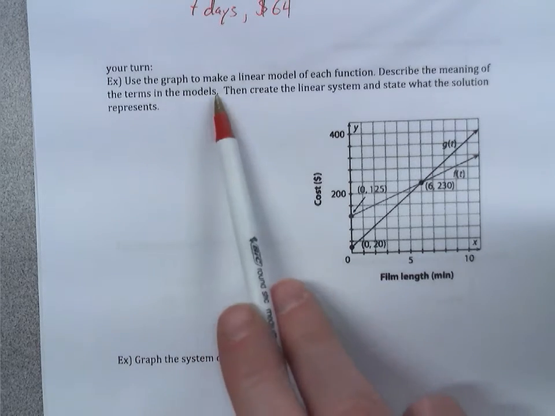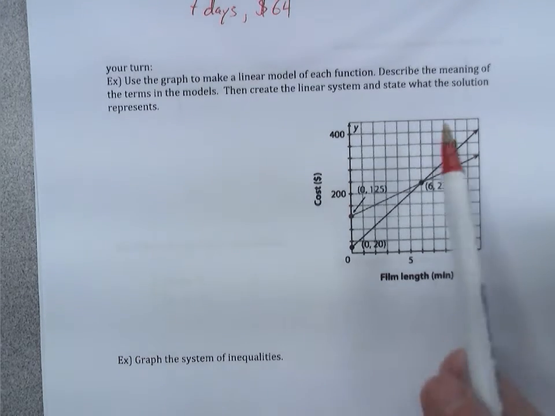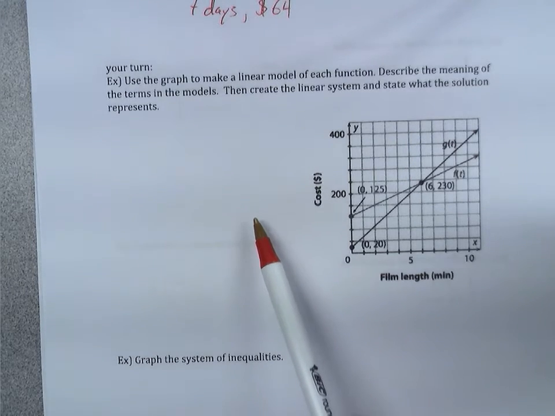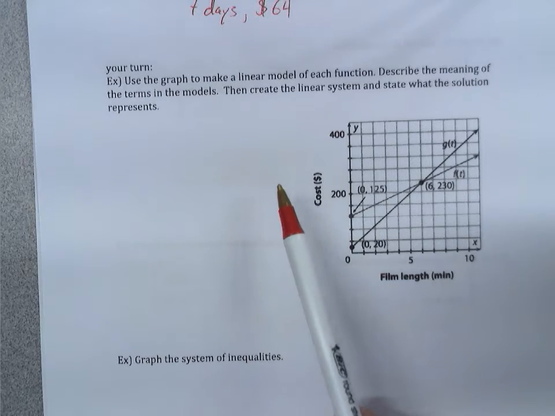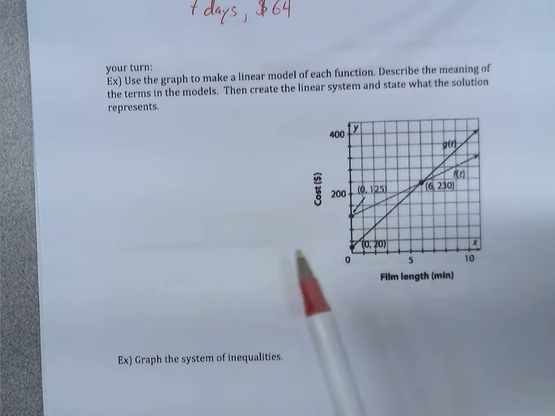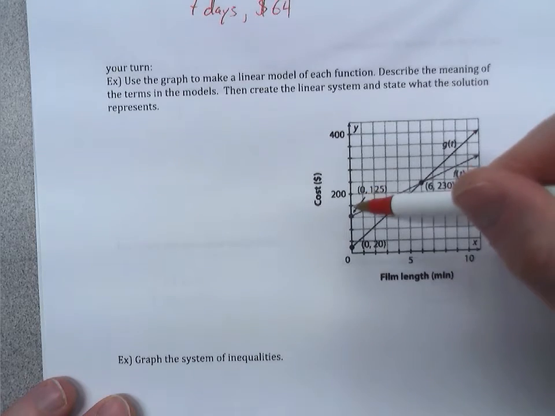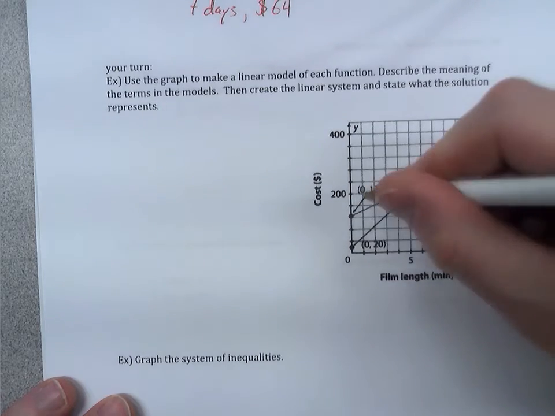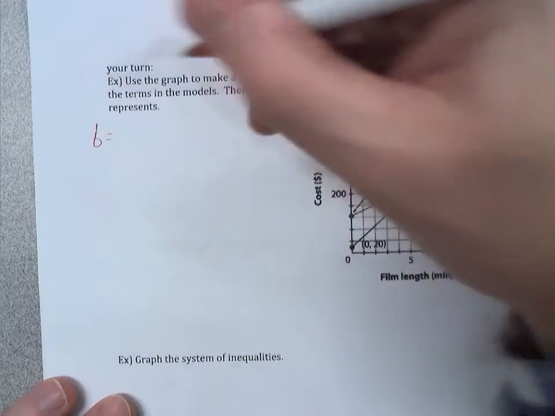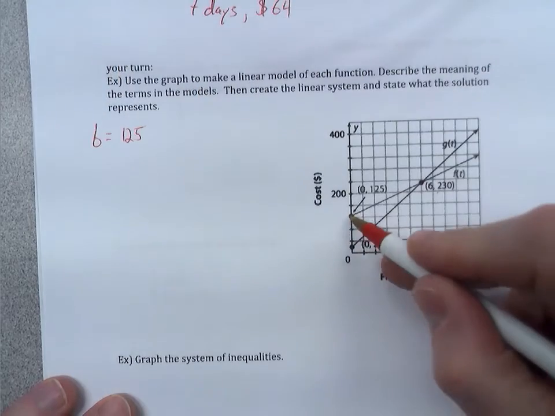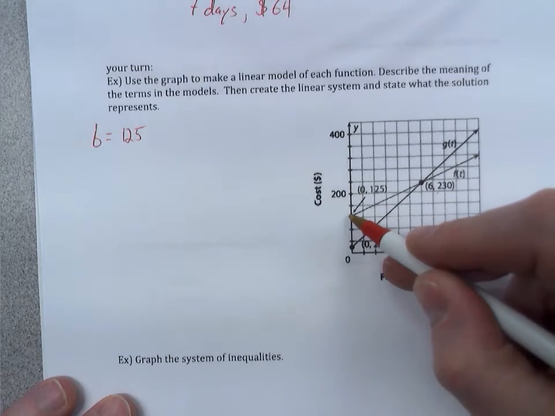Okay, let's go and look at the next example here. Again, use the graph to make a linear model of each function, describe the meaning in terms of the models, then create the linear system and state what the solution represents. We can do that for each. As usual, if we look at, for example, this first line, we see that the y-intercept, or b in this case, is 125. That's where the y-intercept is located.